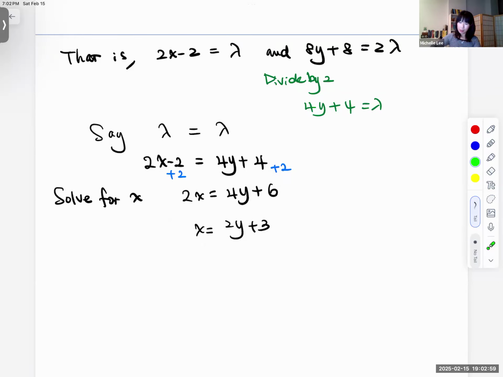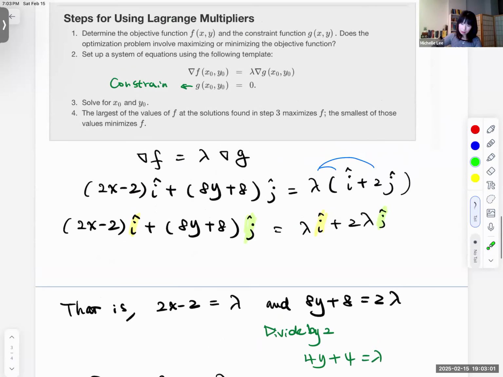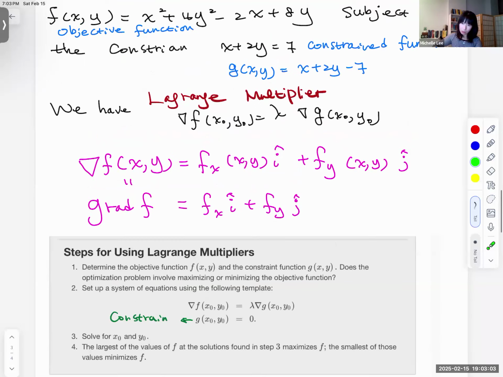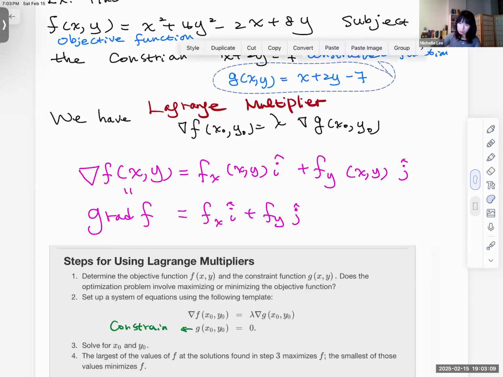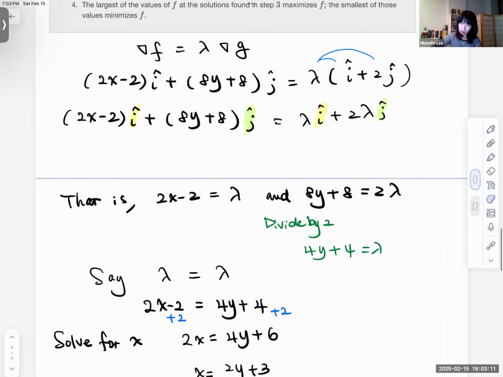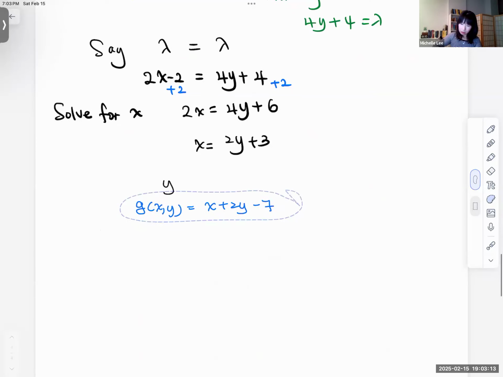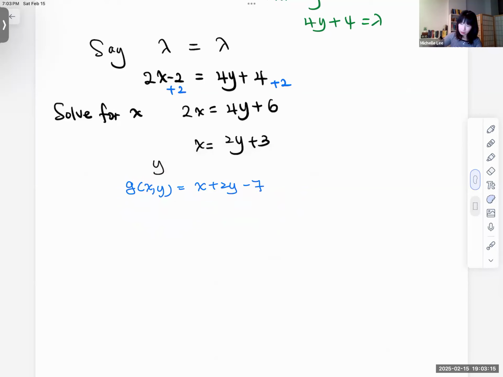So we have a constraint, which is this one, right? Equal to 0, right? All right.